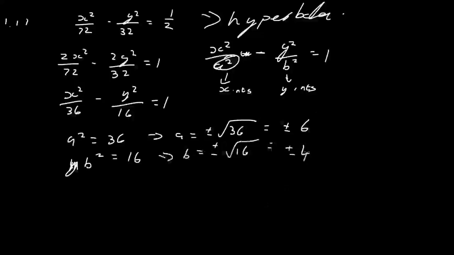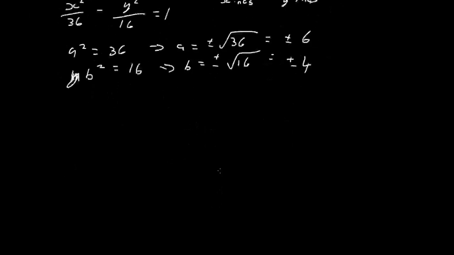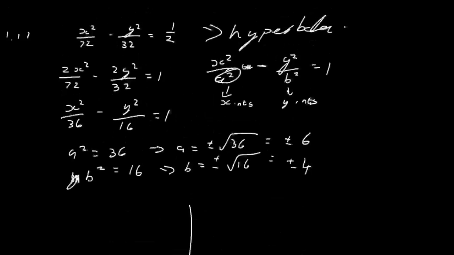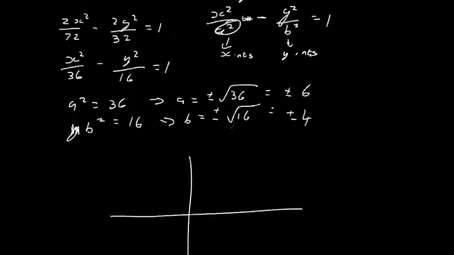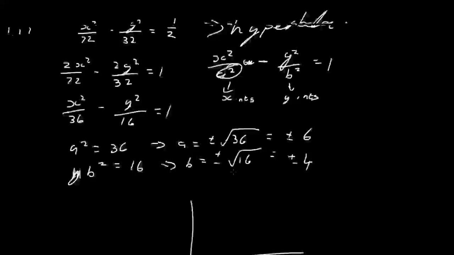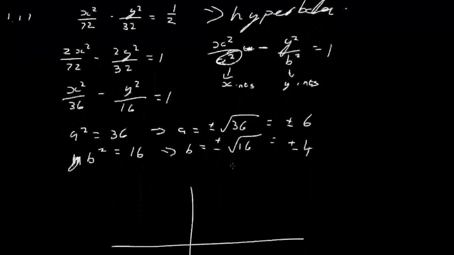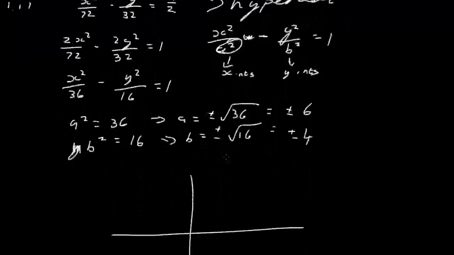So now we know our x and y intercepts, so we can just sketch it very easily. And this is a... I lie. Yes, this is the hyperbola. I think it's called the... Just want to quickly check the term for it in your book. I can't remember the term they used for it.